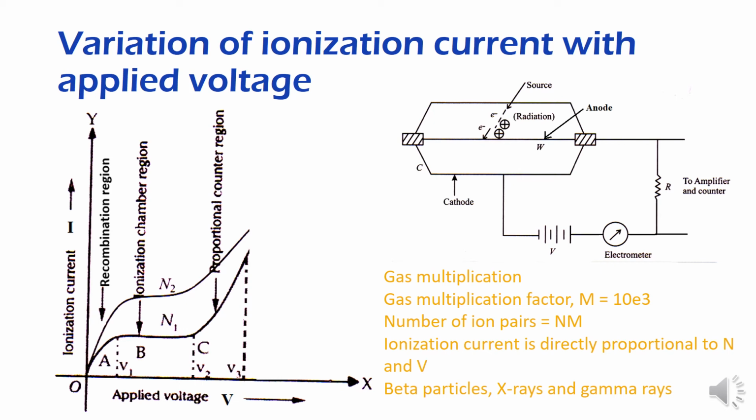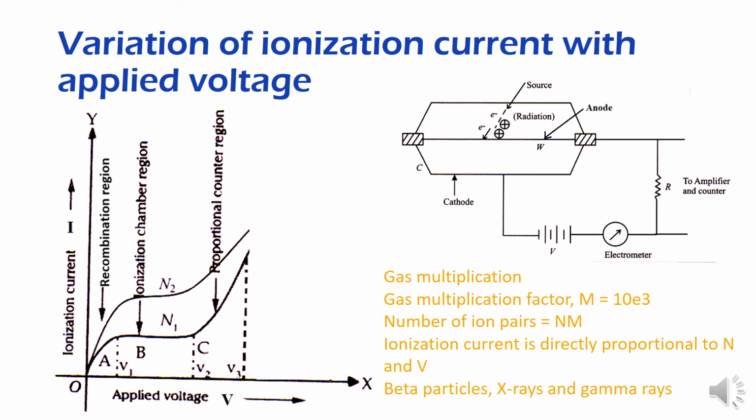Such a type of proportionality will stop when the applied voltage becomes still more, that is, greater than V3. Therefore, after V3, the voltage range is not called as proportional counter region.